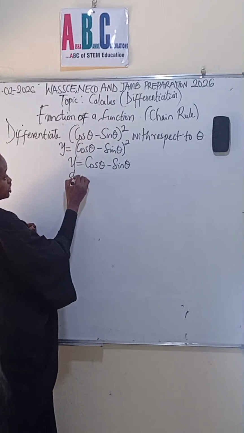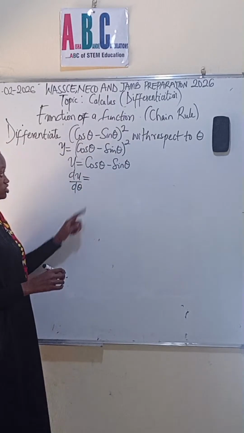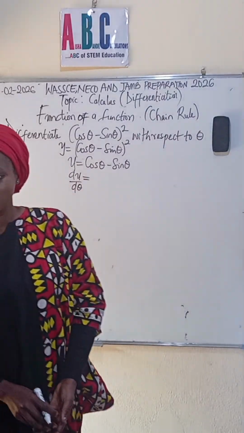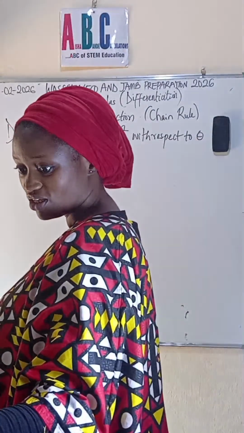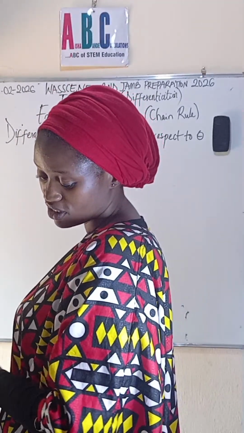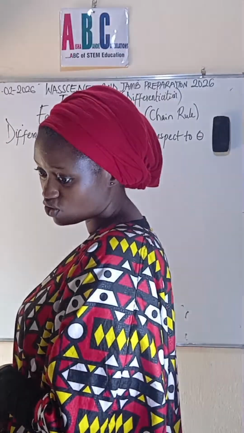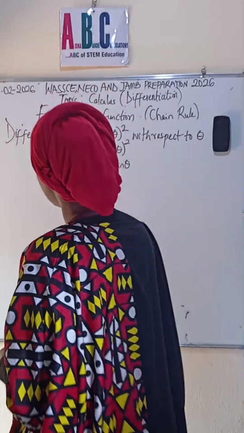Let's differentiate u with respect to theta. Differentiate cos theta, what do we have? Differentiate cos theta, it will give us what? Minus sin theta, thank you.